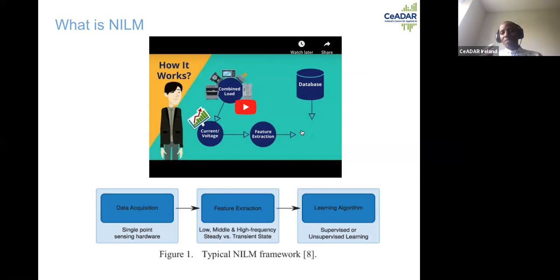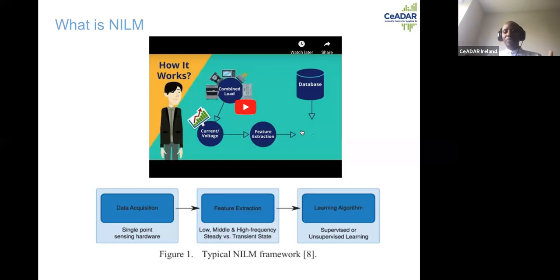As we have seen from the video, this could be useful for different applications, like becoming aware of how much each appliance consumes, demand side management, monitoring appliances, or predictive maintenance. So these are a few use cases where NILM could be applied.